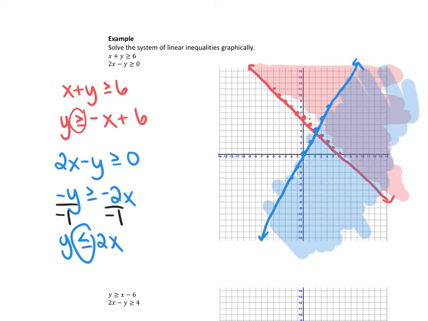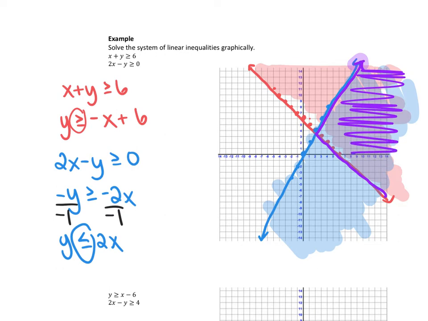And what I'm interested in now is this region that includes both the shades, from here to here. This region, the overlap, is what we call our solution region. And that means that any point in the solution region will satisfy both equations.